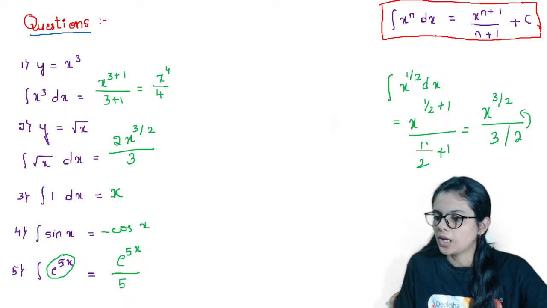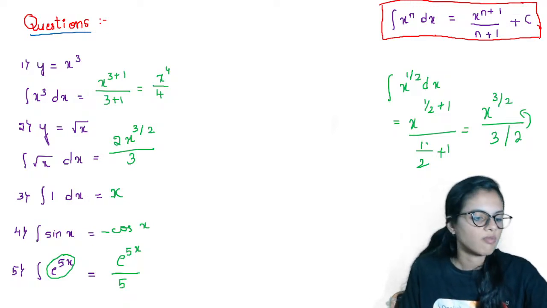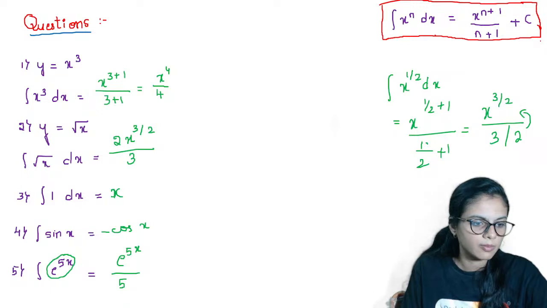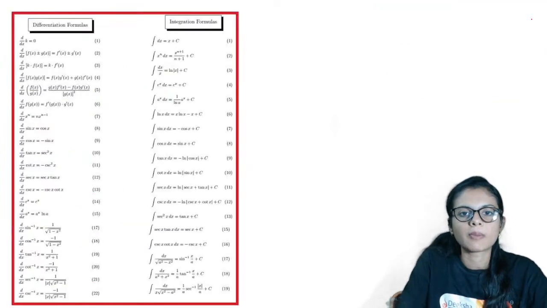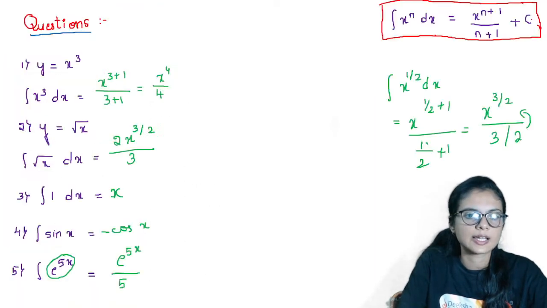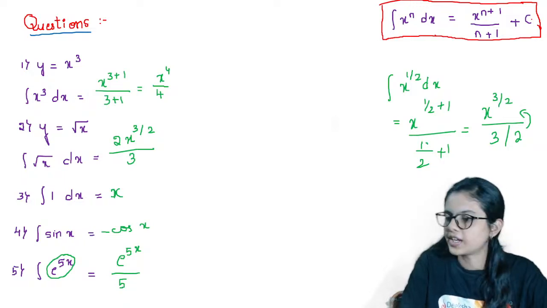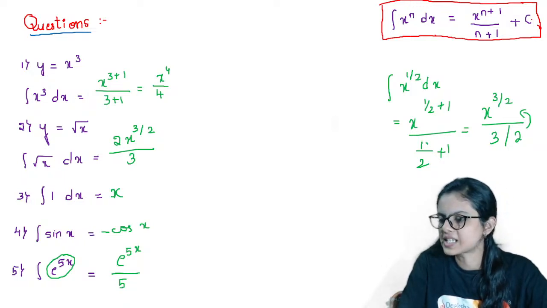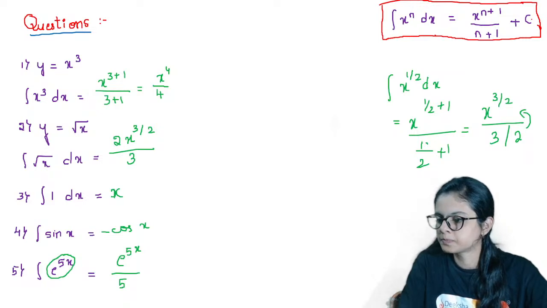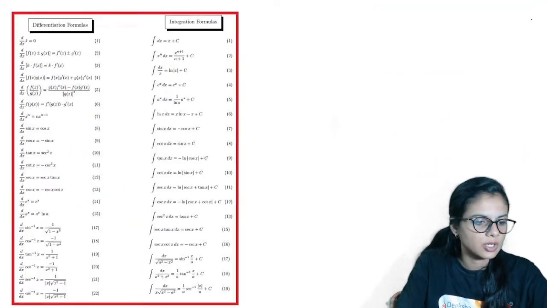Okay. Then let's solve one definite integral problem. These were about indefinite integrals. Let's solve one definite integral problem now. Let's consider an equation. Definite integral means that it has an upper and lower limit.